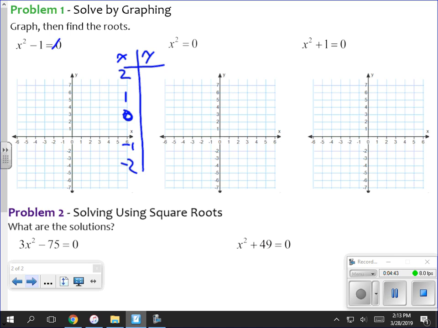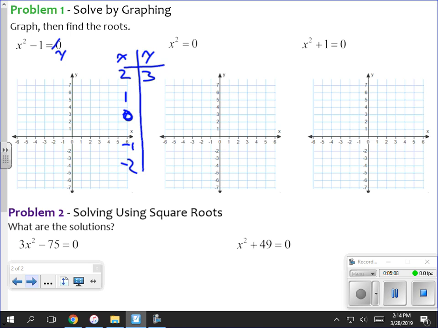And instead of 0, if we set that equal to y, that's how you graph it. Okay, so if I were to graph this one, what I do, I take x, whatever that is, square it, subtract 1. So when I take 2 and square it, I get, what do I get? 4. Minus 1 gives me 3. When I take 1 and I square it, I get 1.